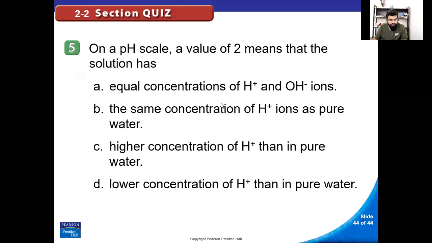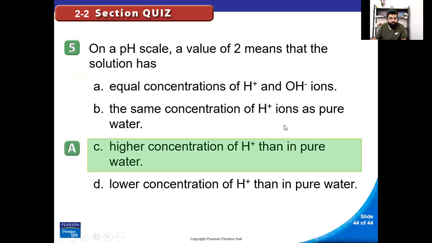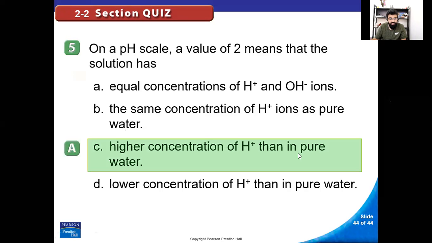C, C, C, D, D, C, D, C, C. Look. People who said C, you are correct. A higher concentration of H plus than pure water. This is a value of 2. A low pH means more acidic, more H plus concentration.